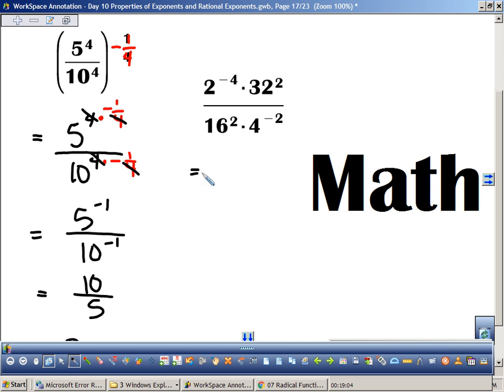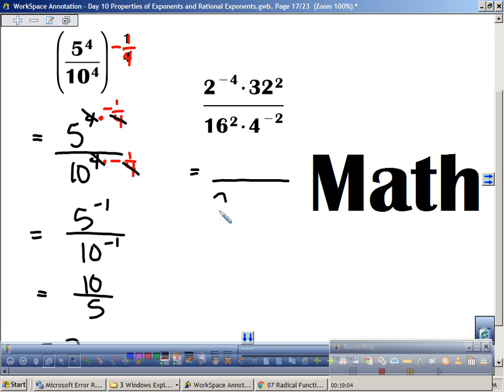Since the 2 is negative 4, I would put it in the denominator as 2 to the positive 4. Since the 4 is negative, I'm going to put it in the numerator and make it positive. Right?